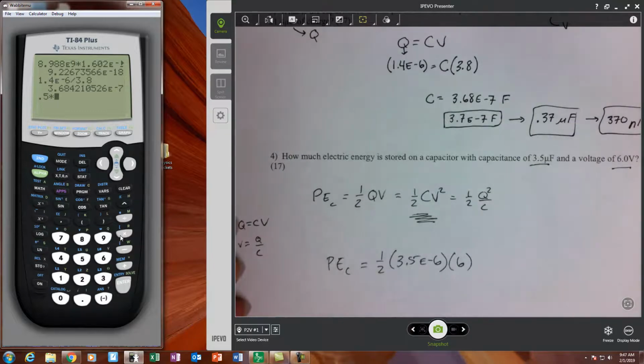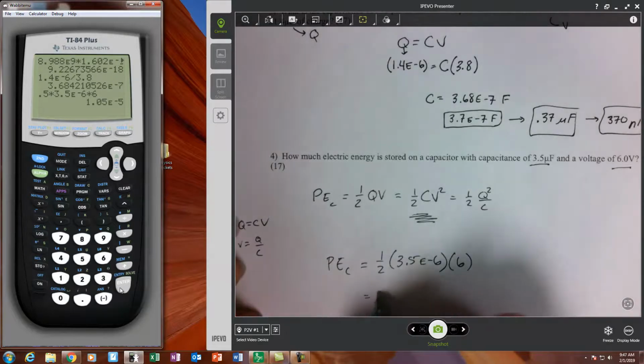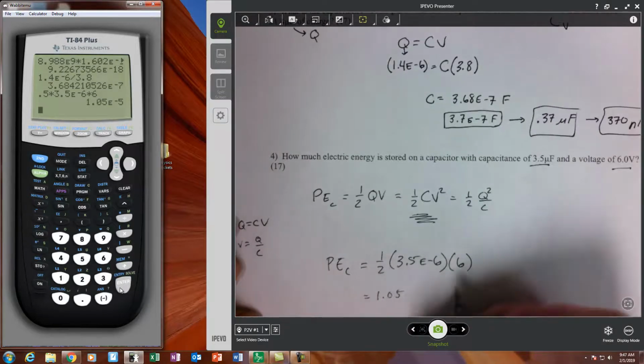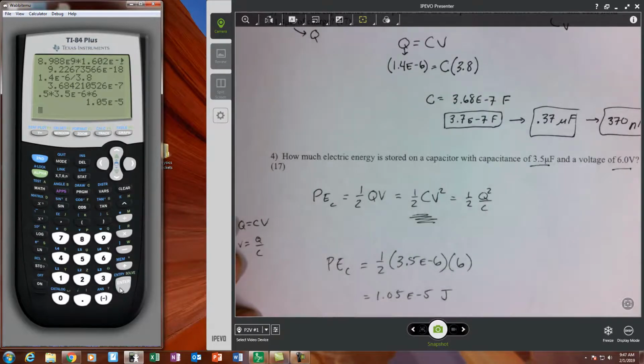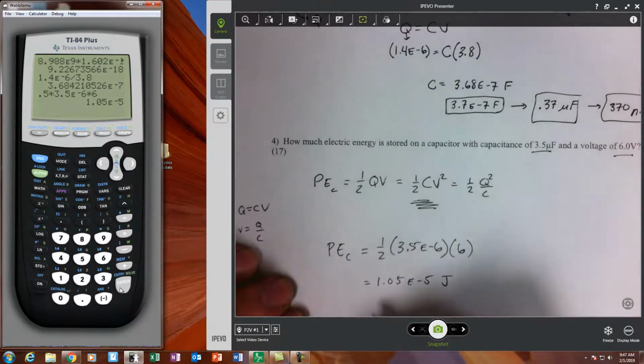I grab my calculator. 0.5 times 3.5 E negative 6 times 6, and I get 1.05 E negative 5 joules. Remember, energy is always measured in joules.